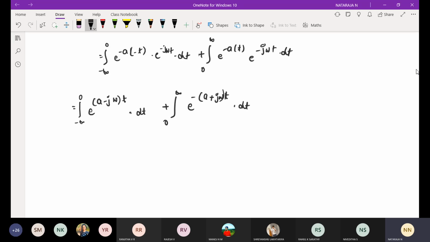Okay, now I'm going to integrate. The integral of e power a t is e power a t by a, which is the standard equation.